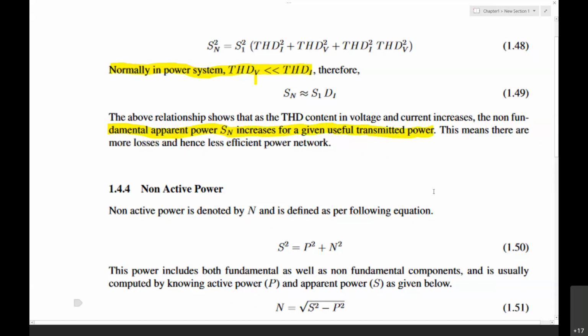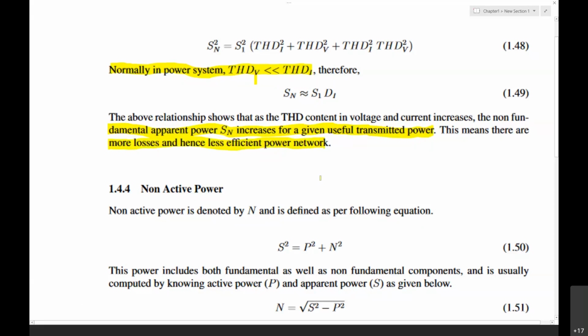If you have other components of the harmonics, other frequency components in a voltage or in a current, we have been loading the transmission network also. This means that there are more losses, hence it is a less efficient power network.